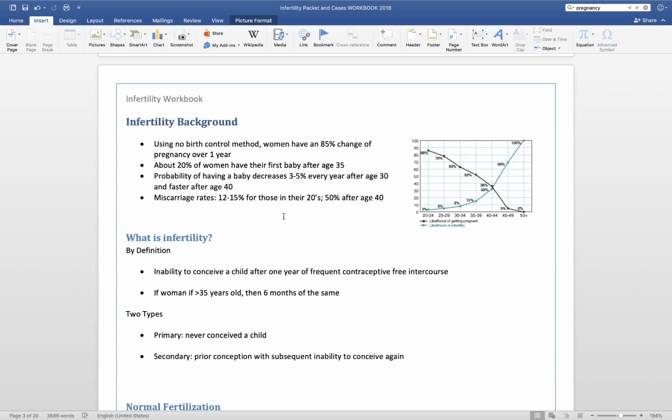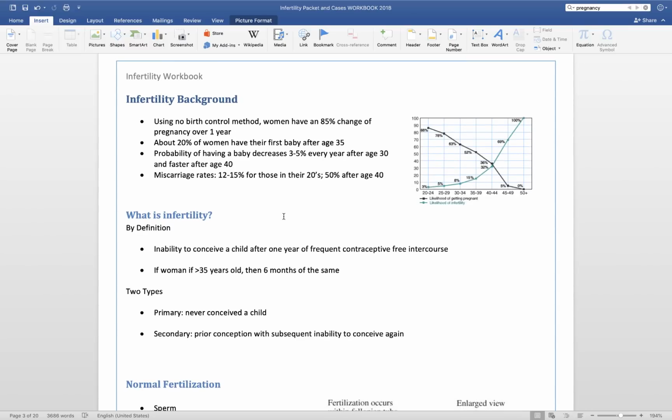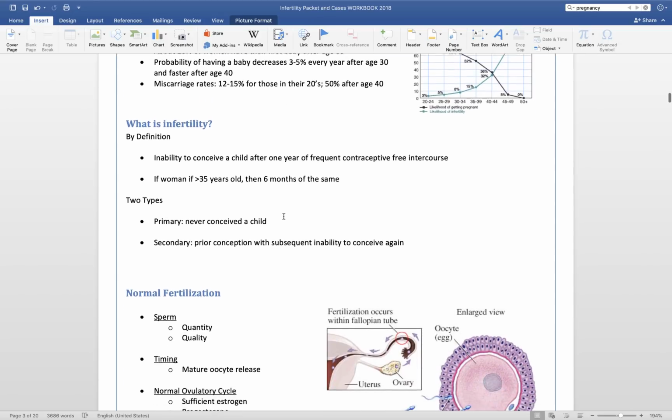This increase in infertility that we've seen over the past 10 years or so has been loosely related to a delay in trying to have children until patients are of an older age due to finishing schooling or finishing training. Your peak fertility is in your early 20s, but a lot of patients don't want to have children until they're a little bit older and more established, and this might be why we're seeing increases in infertility rates.